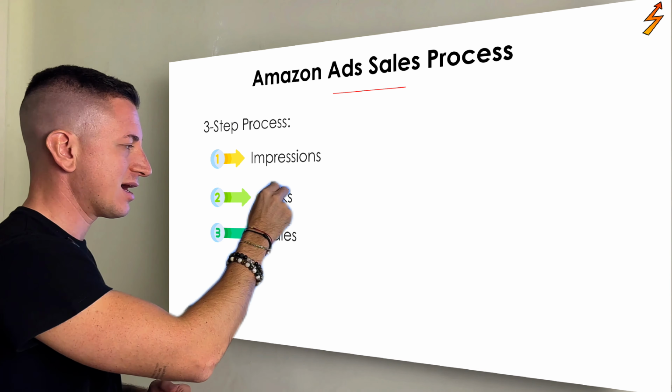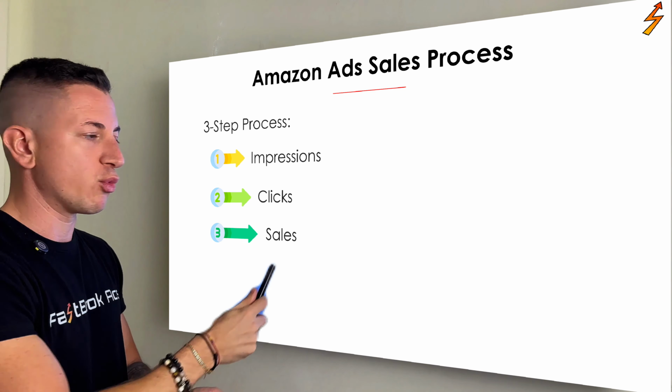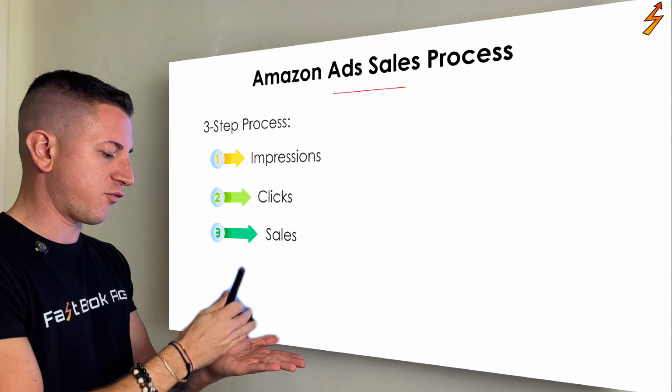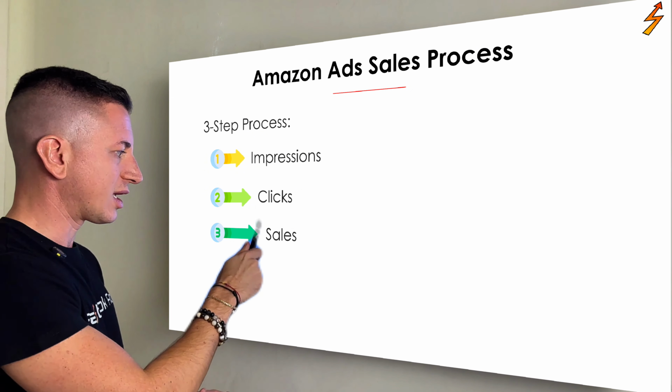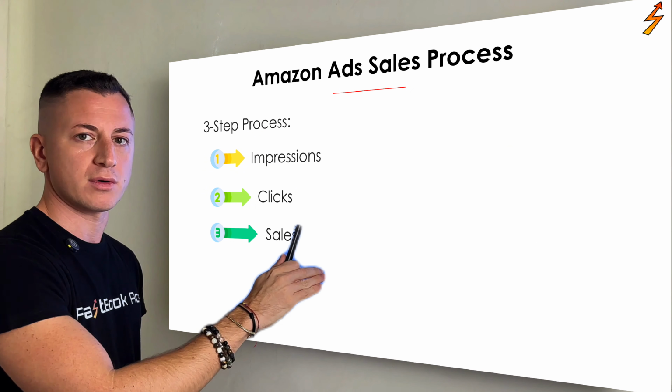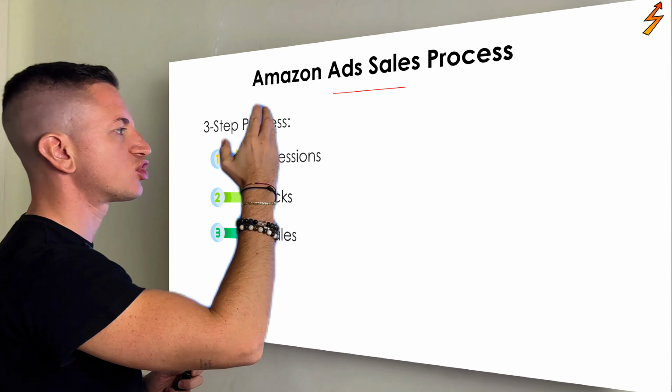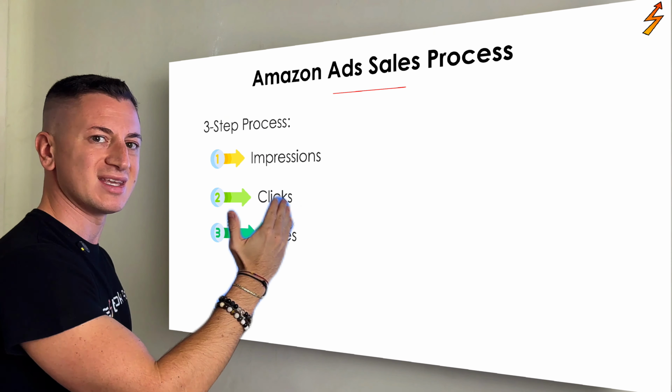If we generate at least a specific amount of impressions, only then can we look at clicks, and only if we reach a number of clicks can we look at sales, not before, because we have to check if every step is okay.